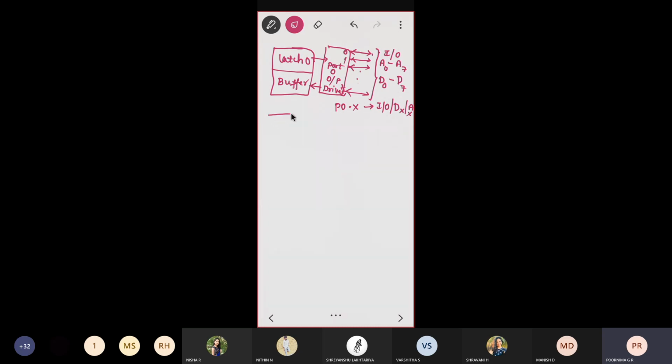Similarly, one more port which is connected to the external world. It is not connected directly because it is CMOS based, you cannot connect externally to the real world, so it requires the latch driver. So another latch with buffer and driver has been connected to port 1.